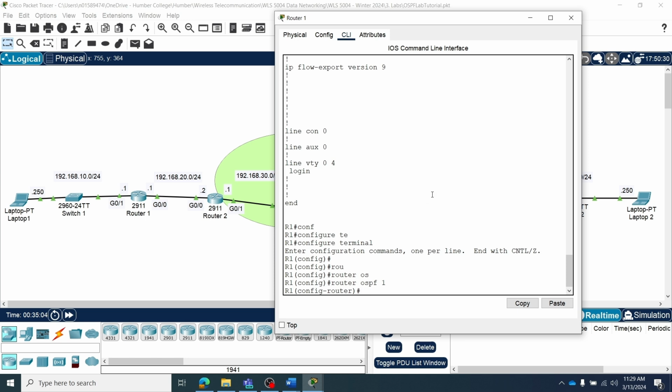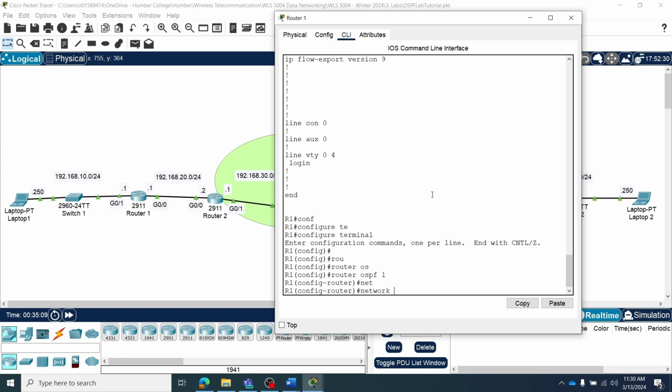The command to add this network is network, then the network address 192.168.10.0. Then we have to give the wildcard mask.